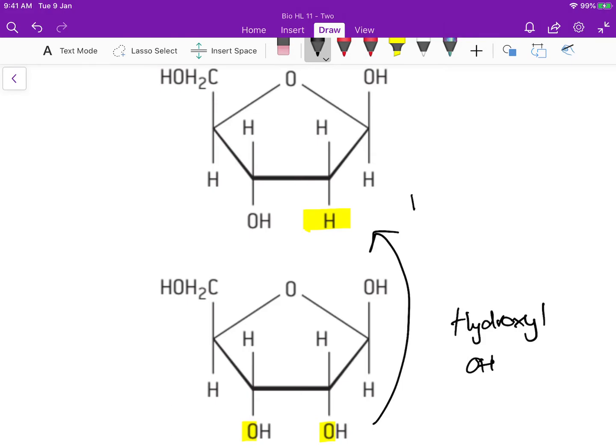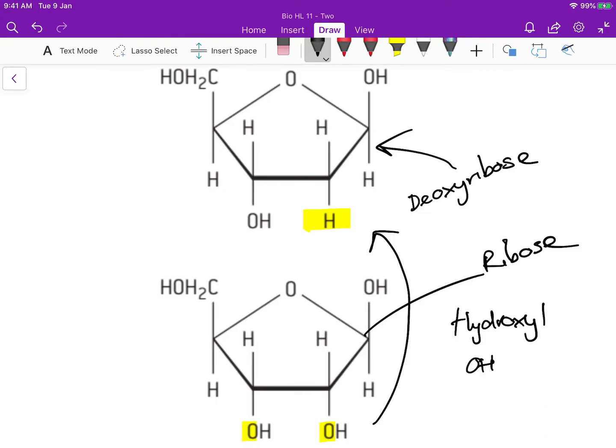So this is the deoxyribose, and this is ribose. So the first difference between DNA and RNA is that one contains deoxyribose and one contains ribose.